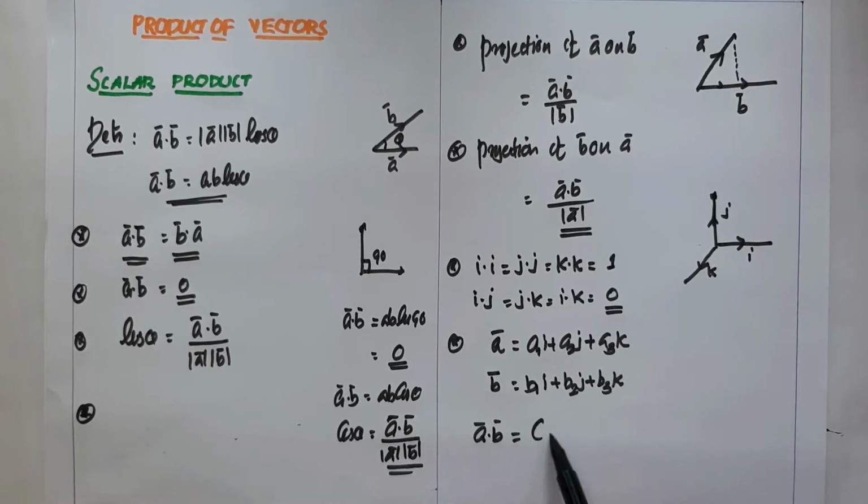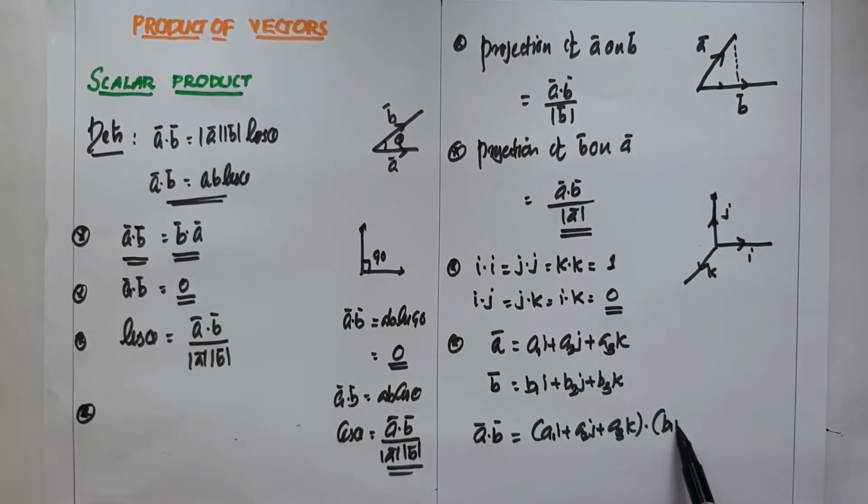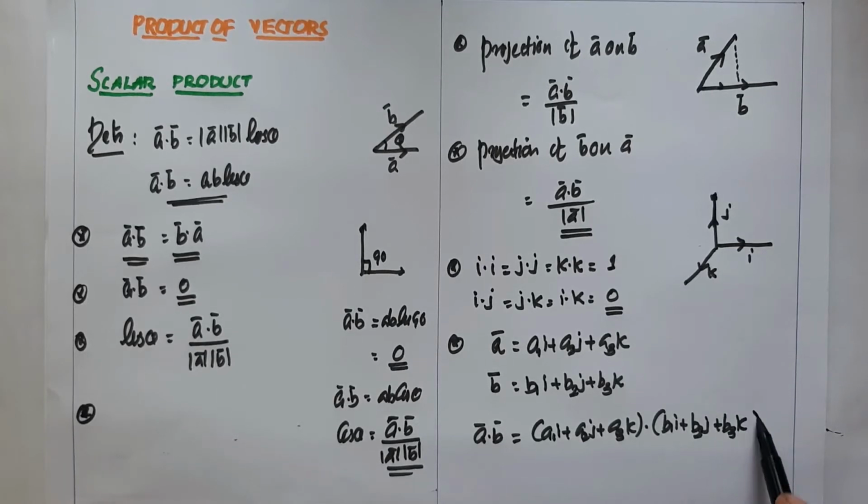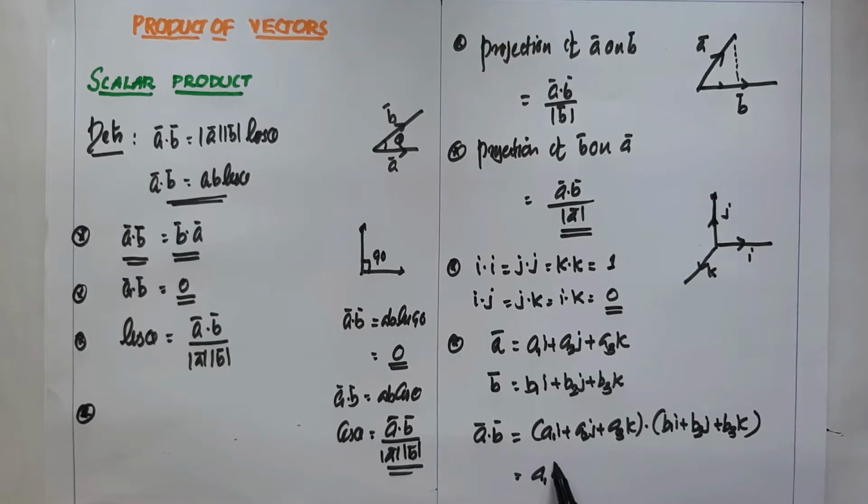Vector A dot B is equal to A1 i plus A2 j plus A3 k dot B1 i plus B2 j plus B3 k. You know that i dot i is 1, so you get A1 B1, and i dot j and i dot k are 0. Similarly j dot j equals 1, you get A2 B2, and lastly A3 B3.